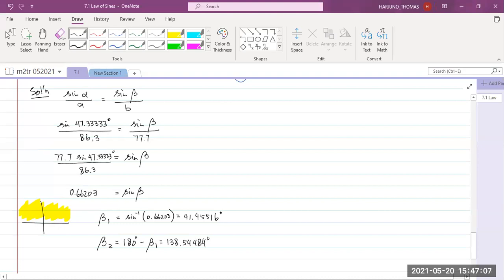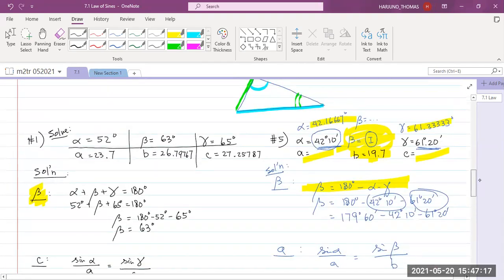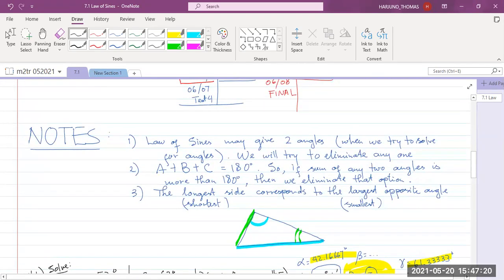But before we go on, let's check if any one of these two may be eliminated. Remember my note here, law of sine may give two angles. That's what happened just now. And you will try to eliminate any one of them.